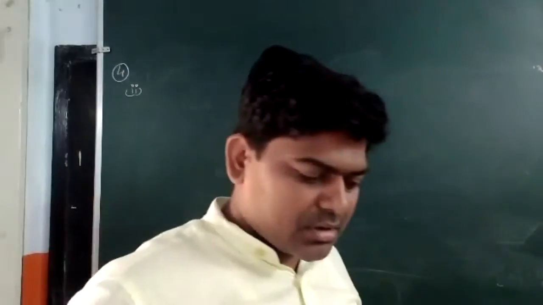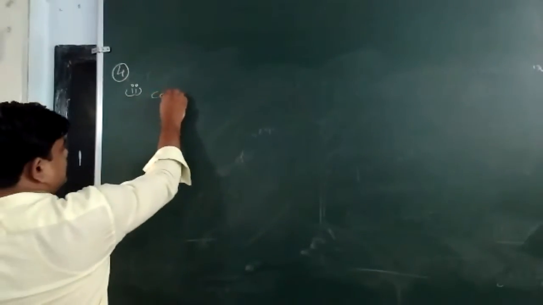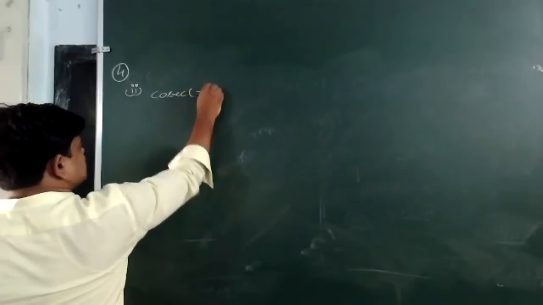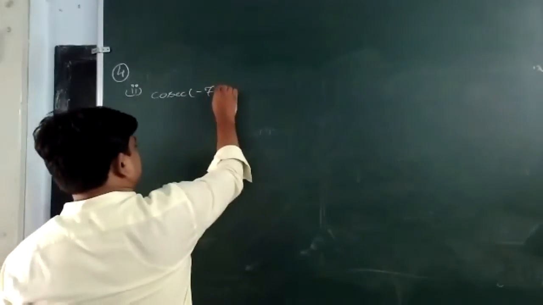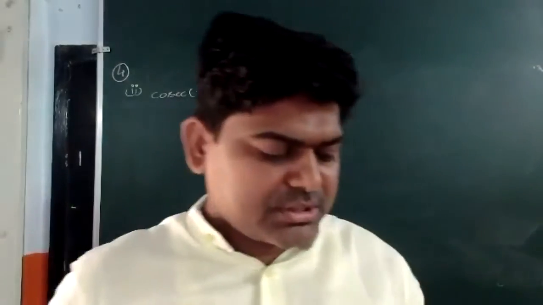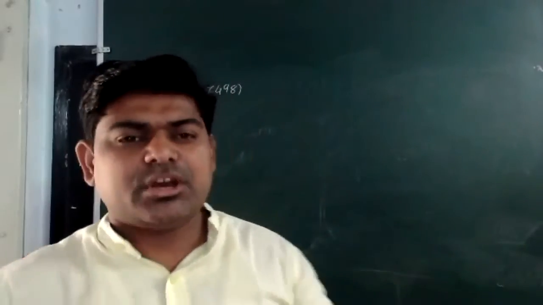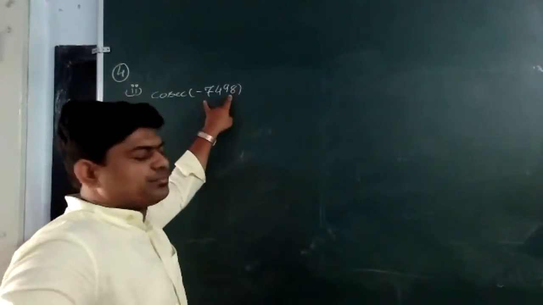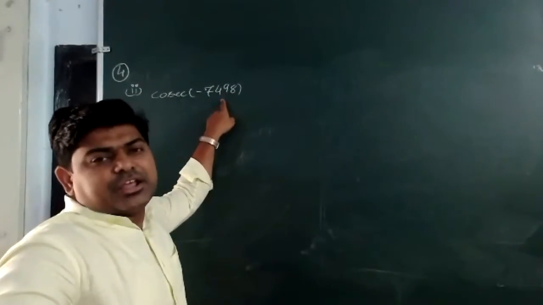Asking question number 4, second part. It's written cosec of minus 7,498. What is our question? Our question is: express the following function as angles less than 45. We have the angle 7,498, and I have to express this angle as less than 45.